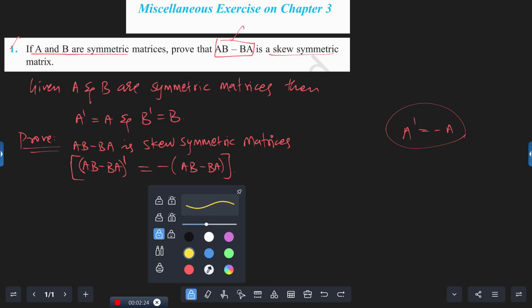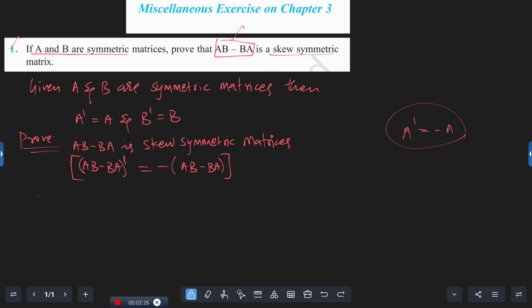Right. So let's take the left hand side, AB minus BA, which they asked us to show is skew symmetric. That one I'm taking, and I'm taking the transpose. When I take the transpose, what will come? Listen, children, do you remember that formula? A plus or minus B whole transpose equals A transpose plus or minus B transpose.